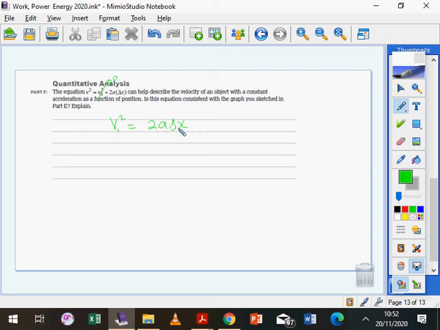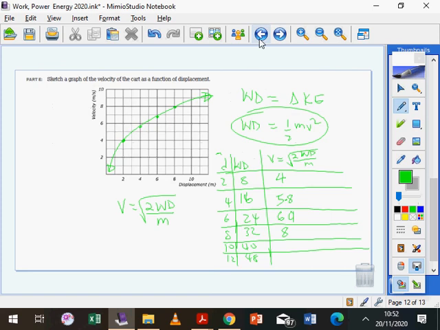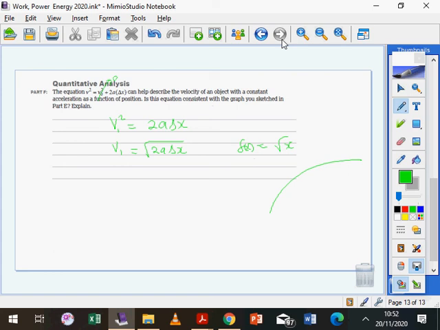Since you guys are doing pre-calc, you know the graph of a square root function looks something like that, which is very similar to the graph that we have here. So I can conclude that yes, this equation is consistent with the graph I sketched, because it's the same shape as the square root function, and from this equation, v1 is equal to the square root of 2a delta x.